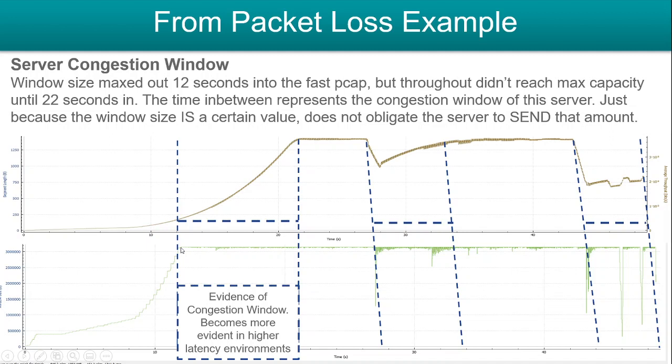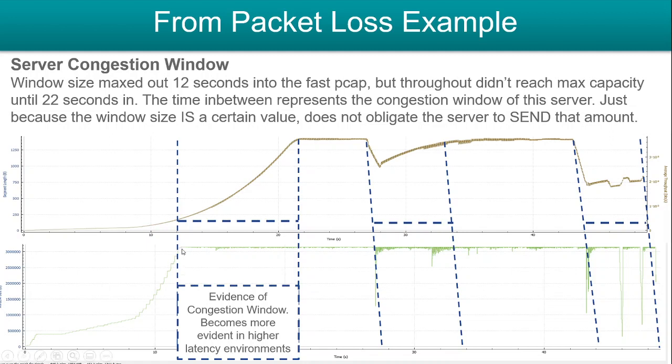Now, once we hit this 3.1 megs at the 11-second mark, if we were to use one of those calculators that we learned about earlier, with, let's just call it 65 to 67 milliseconds of latency on a 1 gig link with a 3.1 meg window size, technically, this TCP connection has a maximum theoretical throughput of around 370 to 380 megs.